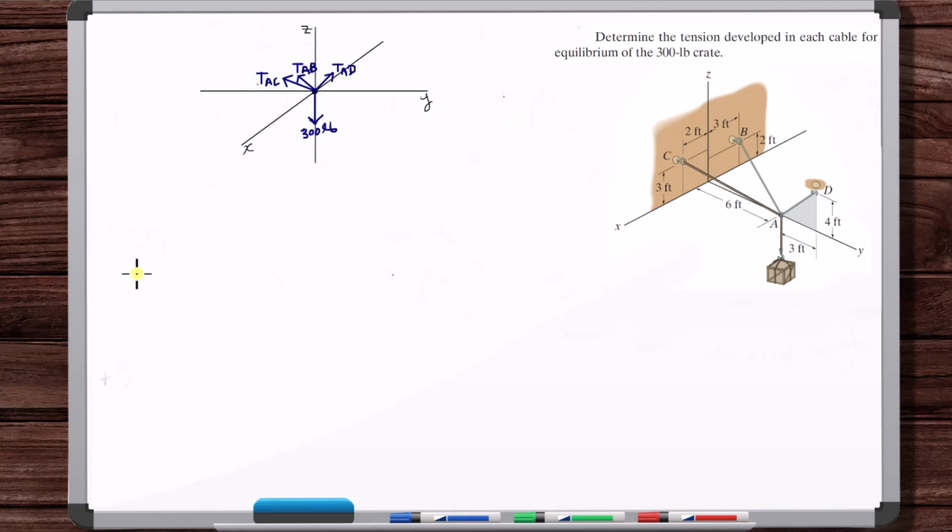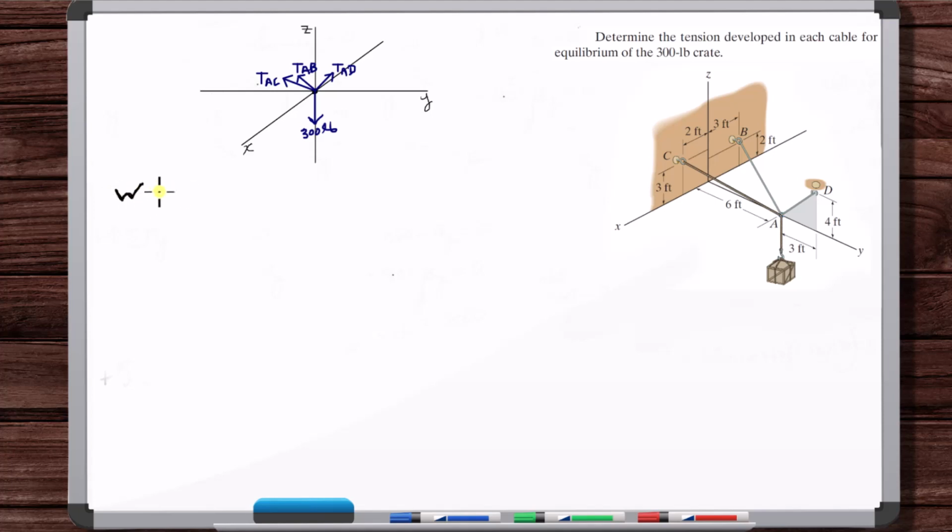Okay, so in 2D, you can typically just go straight to doing the sum of your forces. But because 3D is a little more involved, we need to define these vectors a little more clearly. So the weight of the crate, we'll bold this because this is a vector.